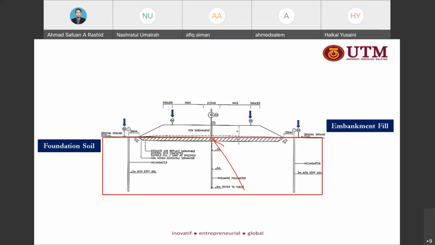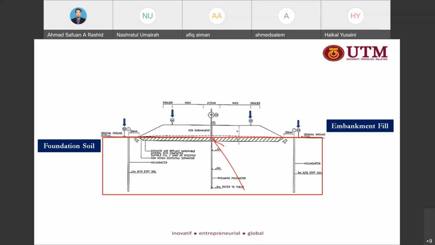If it exceeds, we need to stop the construction of the embankment, let it reduce to less than 70% for a while, before we reload with higher embankment load.